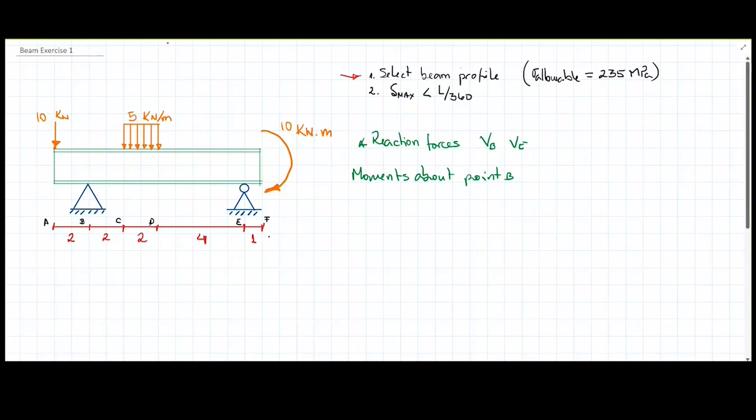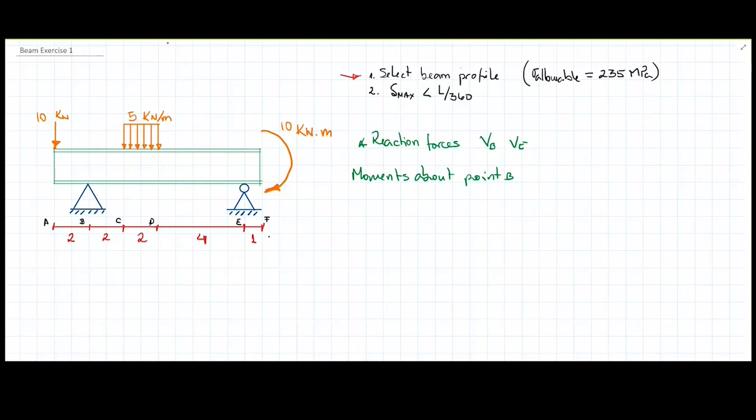I'm going to take this moment as positive, and this force as negative, as a quick calculation. So follow along with me. You can do it the other way. That's not an issue. Just pick a sign convention for yourself, and you will be good.